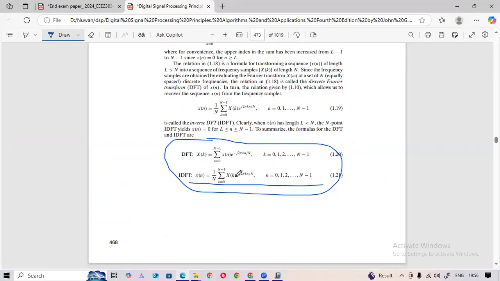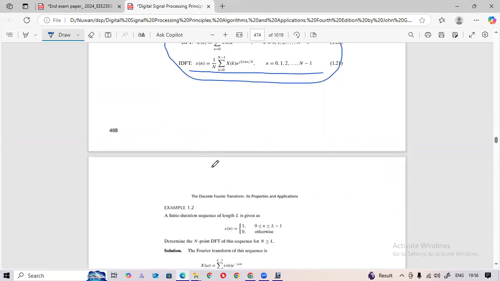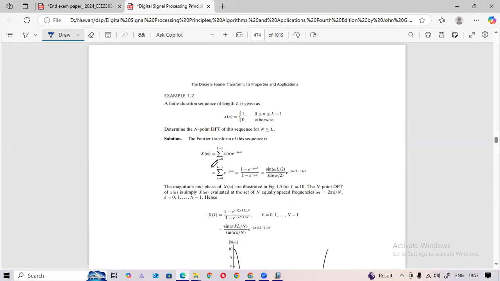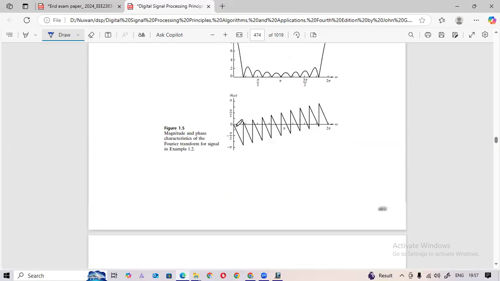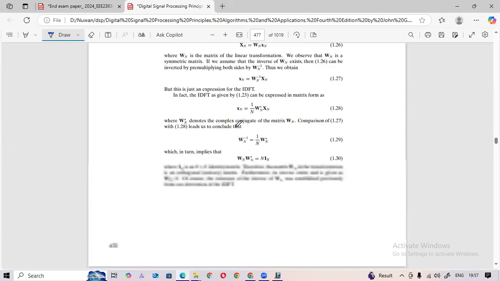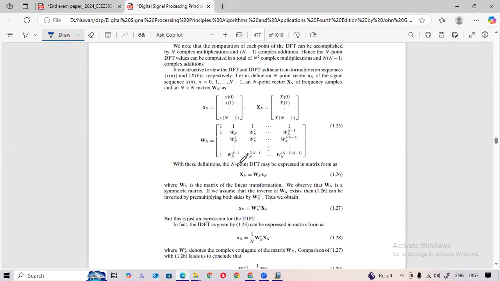So maybe you will get some questions in this way. For example, you can easily verify this result using power series. This is also a power series, and this is the matrix.